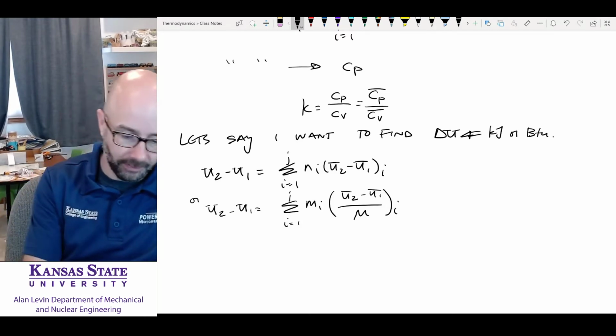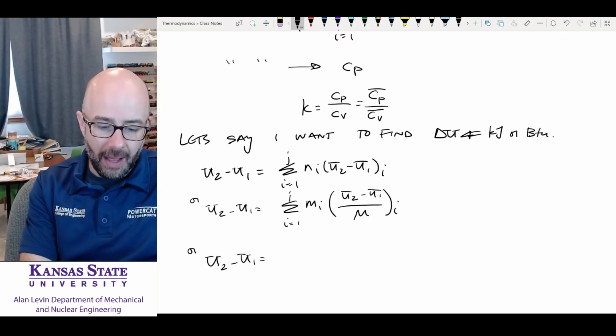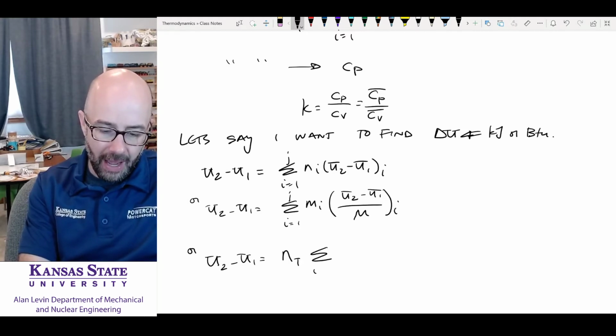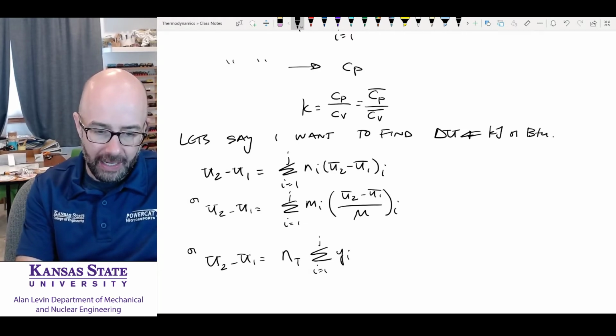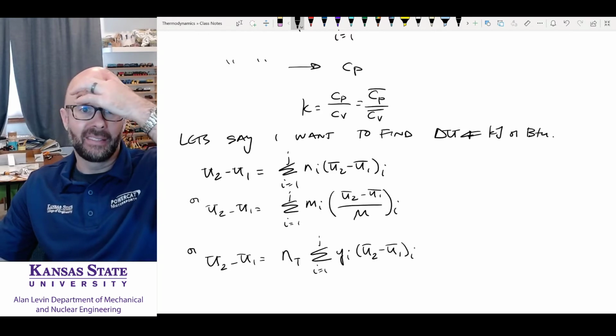Or we could say that U2 minus U1 is equal to the total number of moles times the summation of i equals 1 to j of Yi times U2 bar minus U1 bar of each component. So what's happening here?